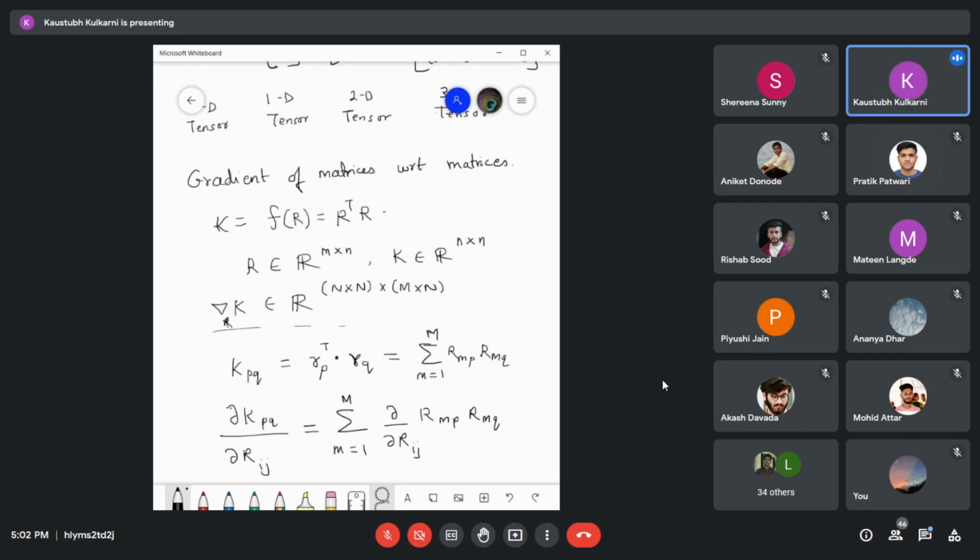The pth row multiplied by the qth column will give me K_pq. And internally the multiplication will look like this.